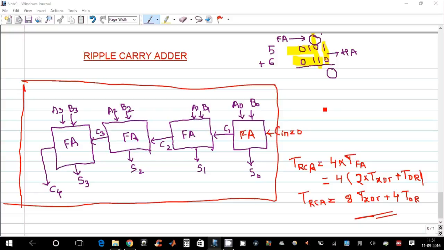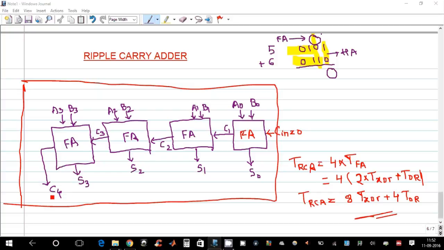So what if we calculate these carries beforehand? We need not wait for the delay of this full adder which will generate this carry. We need not wait for the delay of this full adder and this full adder for generating C2. We need not wait for the delay of this full adder and this full adder for generating C3.